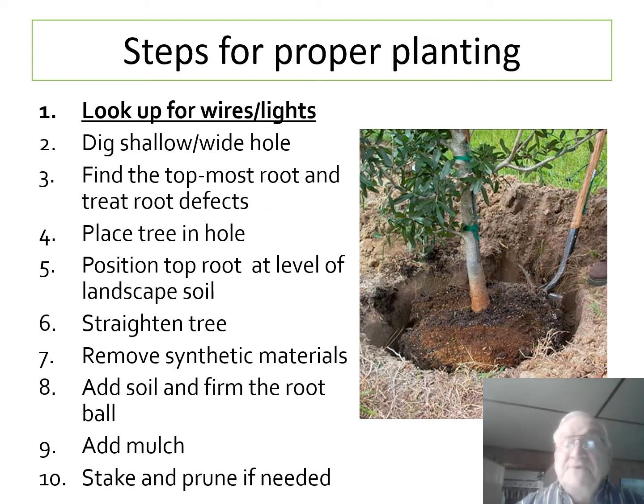Now sometimes you'll have roots that grow up from the bottom. It looks like it's the place to plant them, but if you don't see the root on the top of the soil that comes out from the trunk, you need to find that root and plant that one just about at the top of the ground.